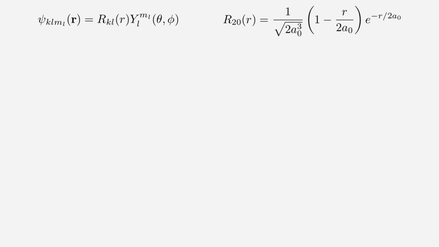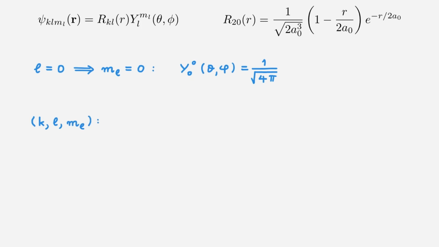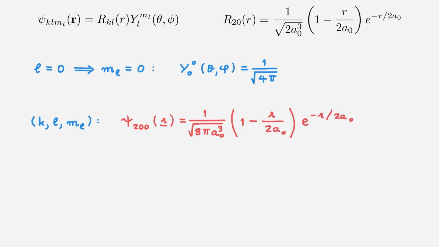Finally, the full eigenfunction is given by the product of the radial function and the corresponding spherical harmonic. As L equals 0, we again have m_L equals 0, and the spherical harmonic is again Y_0,0, and equal to 1 over the square root of 4 pi. So if we use the k, L, m_L notation, the overall eigenfunction of this first excited state is given by this expression.